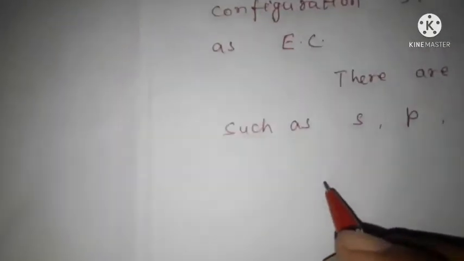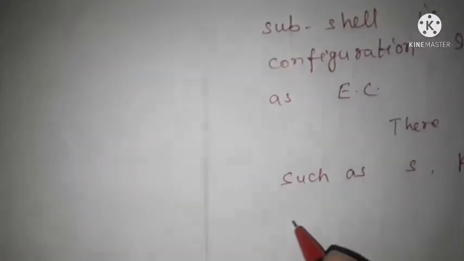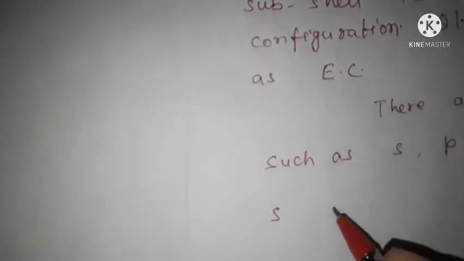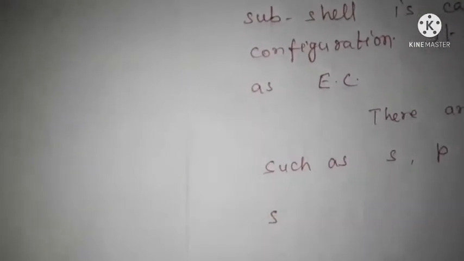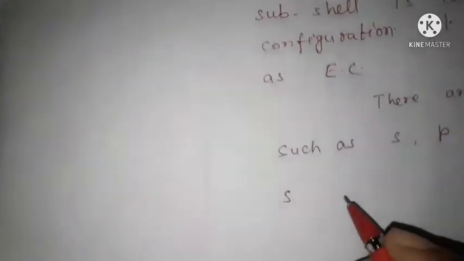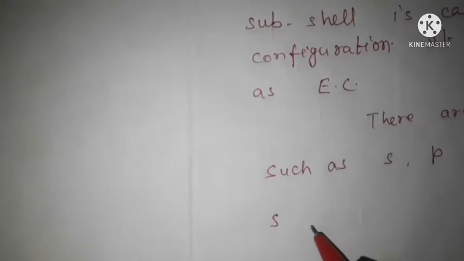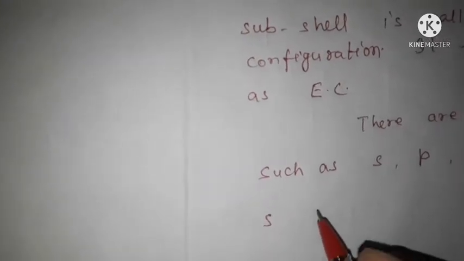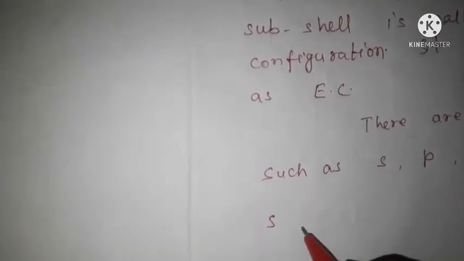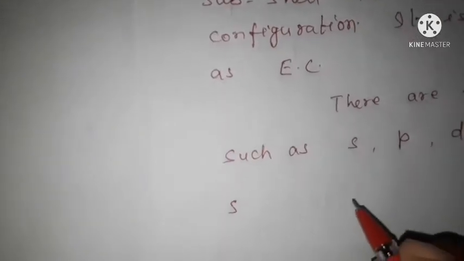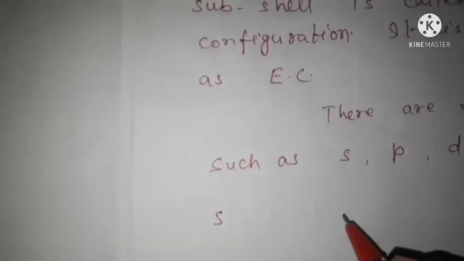We know the number of electrons that are contained in the S subcell. In the previous video I derived the number of electrons in the S subcell, P subcell, D subcell and F subcell.